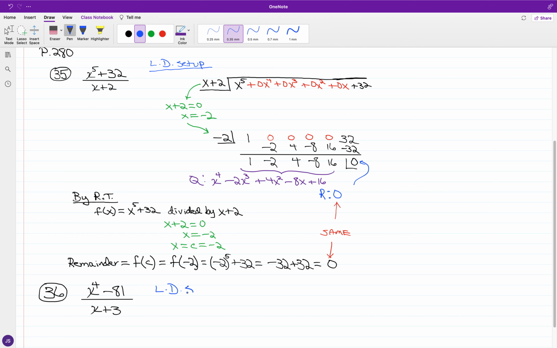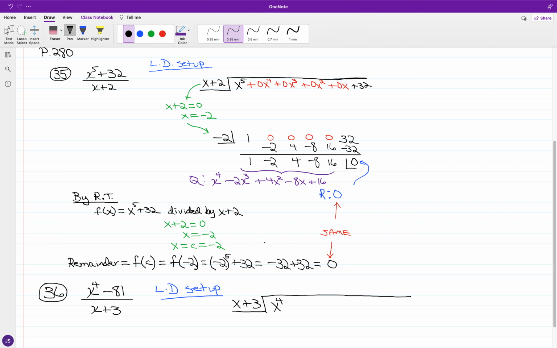Now if we look at this through polynomial division, in terms of the setup, we have x plus 3 as the divisor, and x to the fourth minus 81.